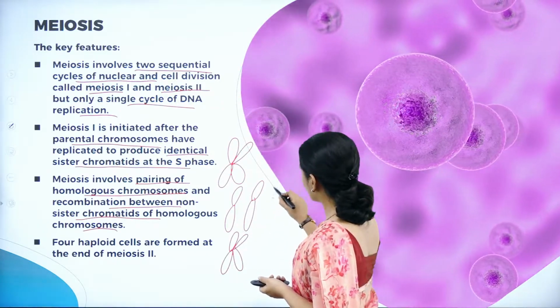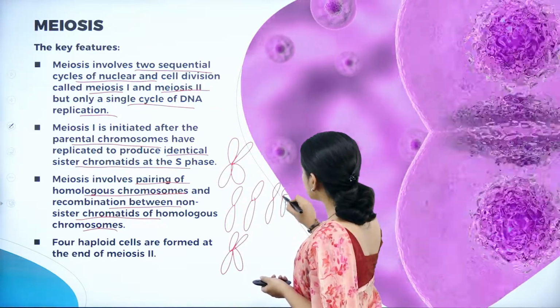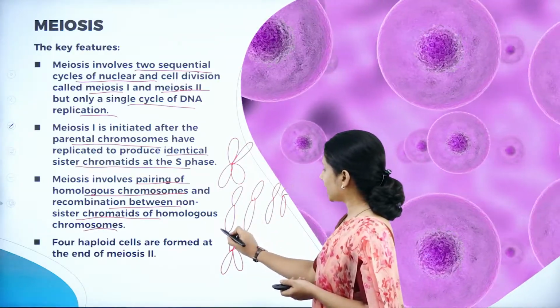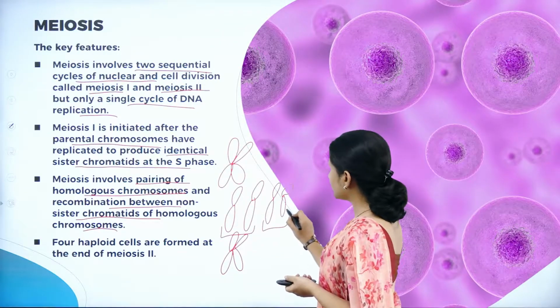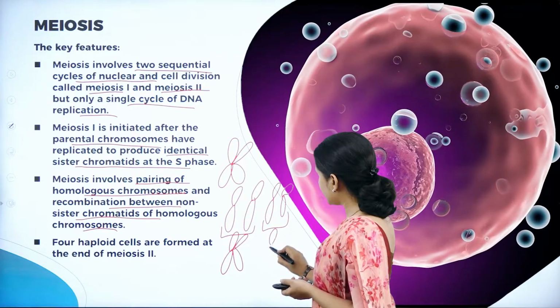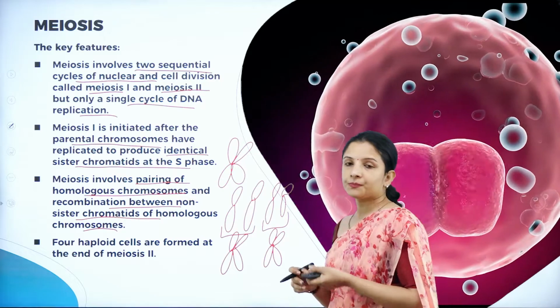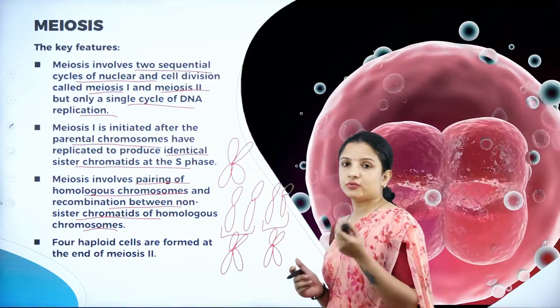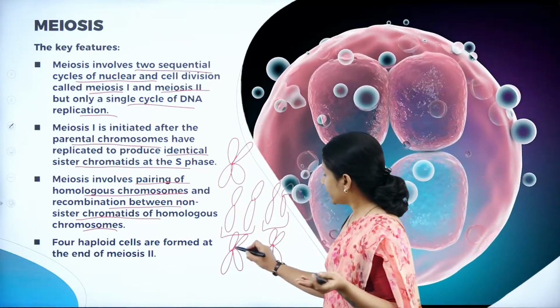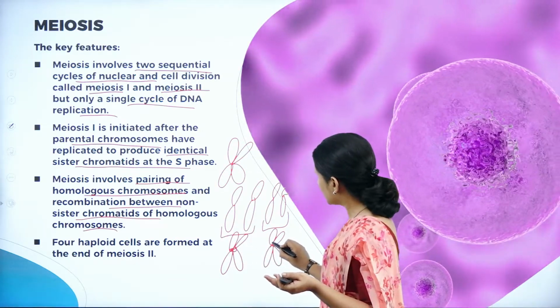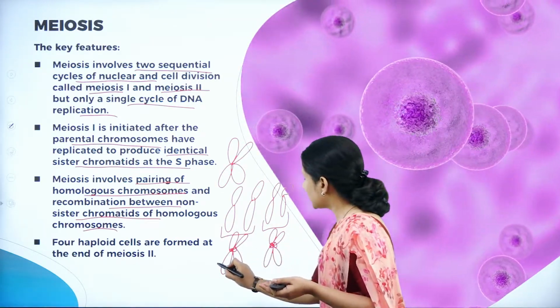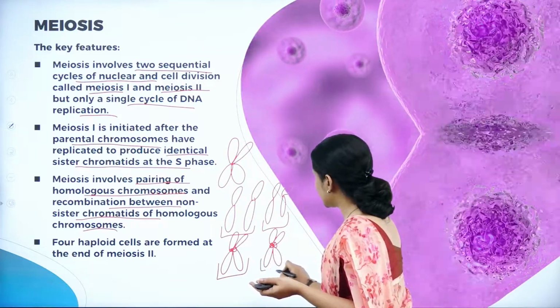So if there are 4 chromosomal arms like this, the homologous chromosomes pairing will occur. This is a homologous chromosome, this is a homologous chromosome. They will pair. And how does the pairing occur? It is because of the centromeres. The centromeres will have the kinetochores. So therefore, at each centromere, the pairing will occur.